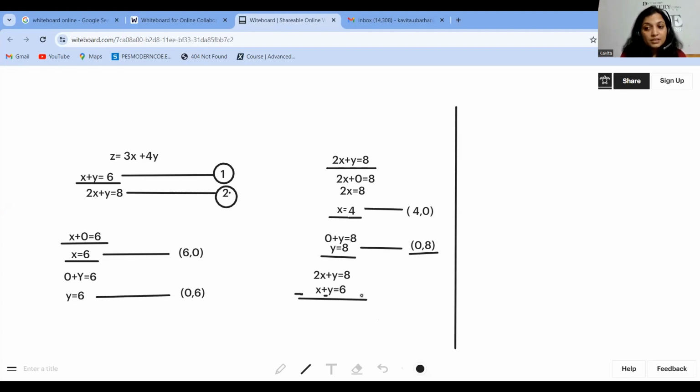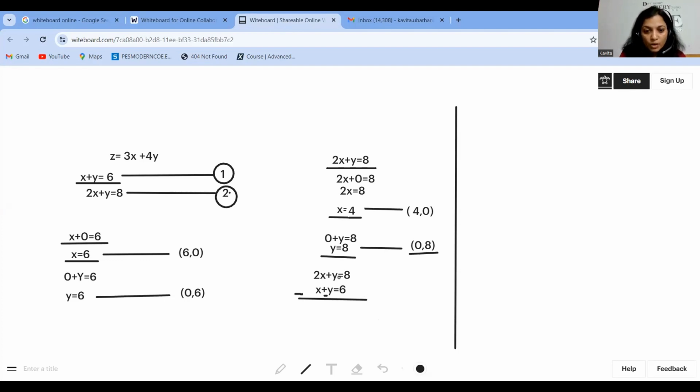These are linear equations, and we need to solve them simultaneously. The method to solve simultaneous equations is that we can add two equations or we can deduct one equation from the other. Here I am deducting x plus y is equal to 6 from 2x plus y is equal to 8.